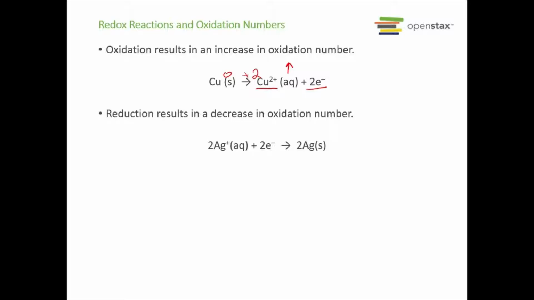Reduction results in a decrease in the oxidation number. So it's a reduction in oxidation number. For instance, we have 2 silver plus ions and 2 electrons becoming 2 solid silver, which has a charge of 0. So we're going from a charge of plus 1, decreasing the oxidation number to a charge of 0.